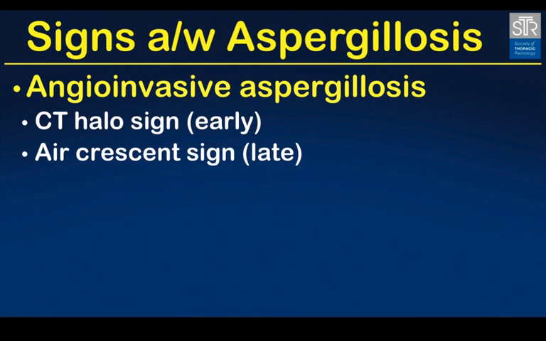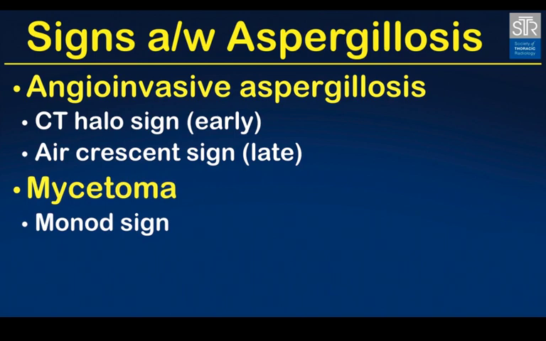The CT halo sign is a relatively early sign and is therefore often helpful for suggesting the diagnosis. The crescent sign is a sign which is seen late in the course of the disease, usually during the period of neutrophil recovery, and this is not all that useful for suggesting the diagnosis. A mycetoma may develop in a pre-existing cavity, that is called the mucoid sign.